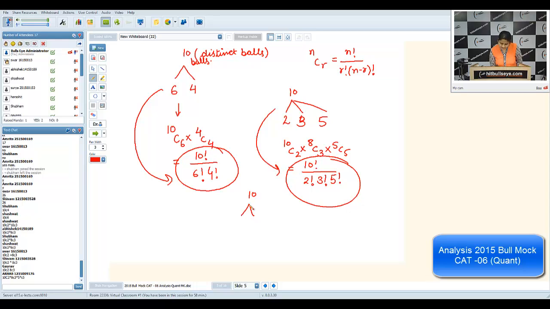Suppose my question is this. Now, what should be the answer? Here is the problem. Yes, any one of you? Yes, 10C2 into what? Shubham, why are you dividing it by 2 factorial?